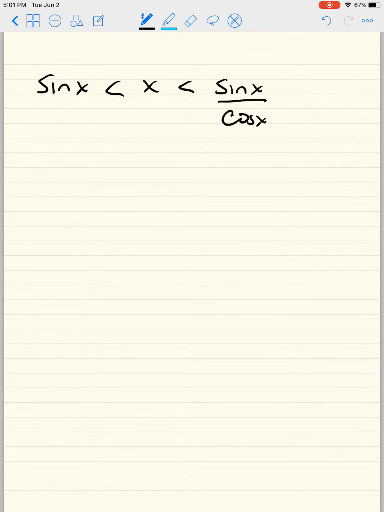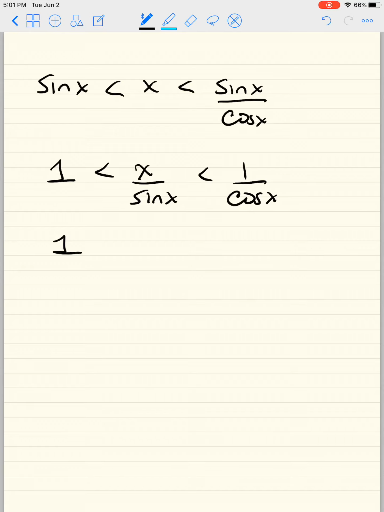I'm going to divide everybody by sine x, so that's going to be 1 is less than x over sine x, which is less than 1 over cosine x. Okay, you can also flip fractions as long as they are monomials, okay? And these are all single terms, so I'm going to flip all of them. So when I flip them, I'm going to just go like this.